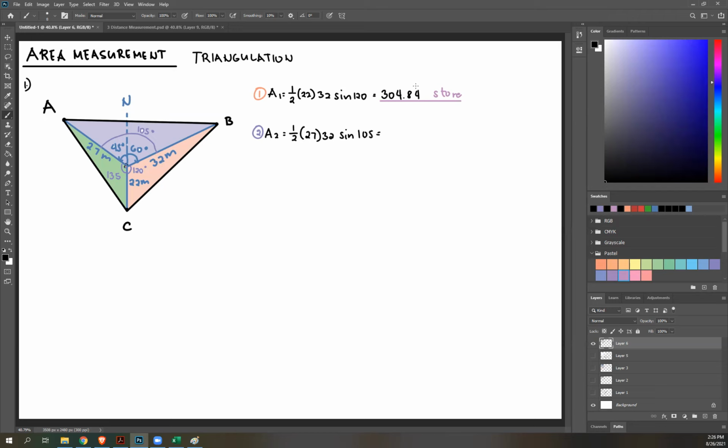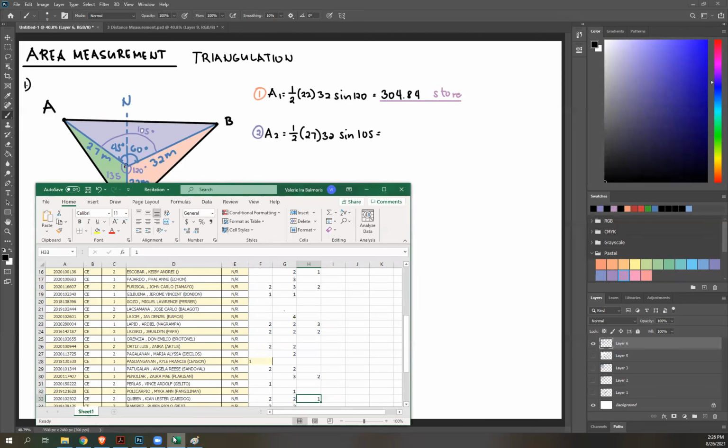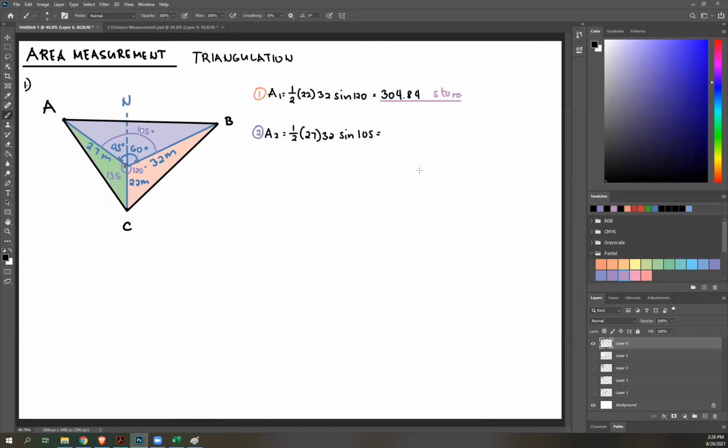Please solve, what's the answer? Correct. 417. Again, store that.